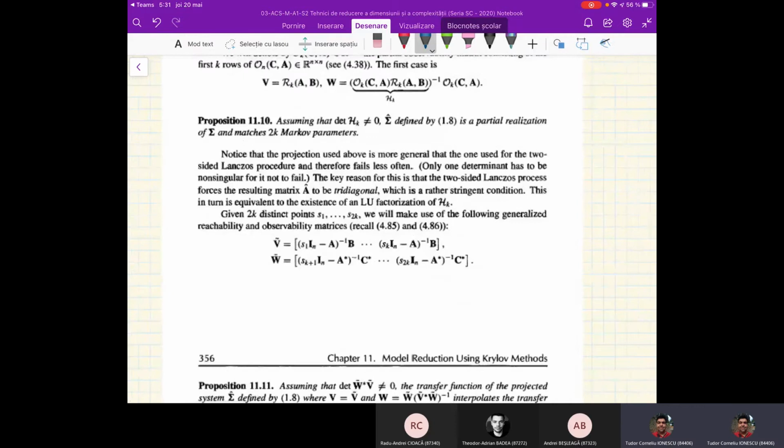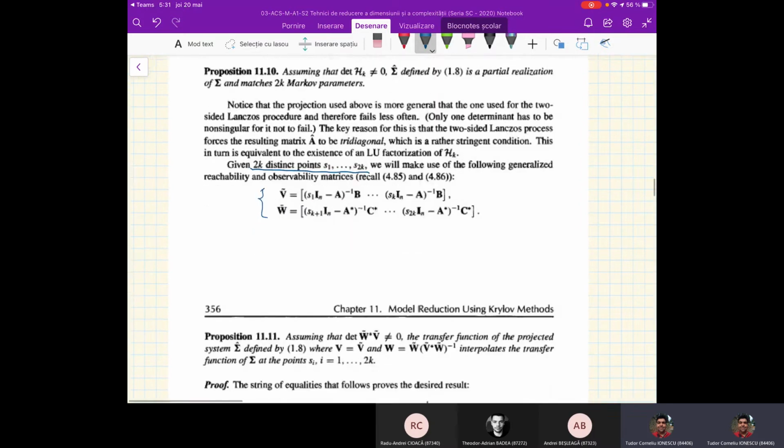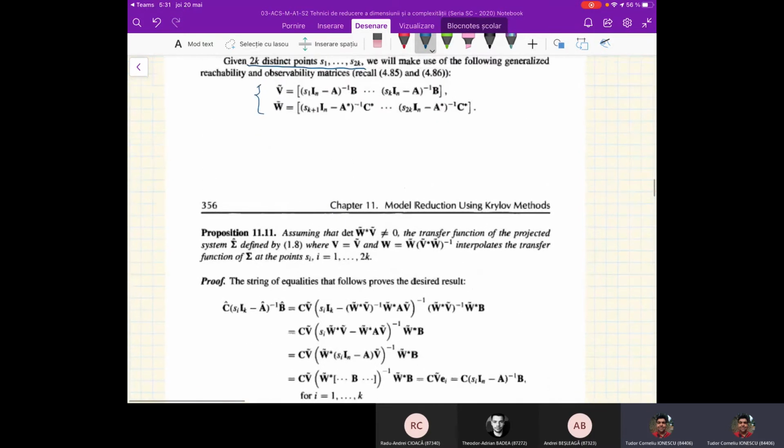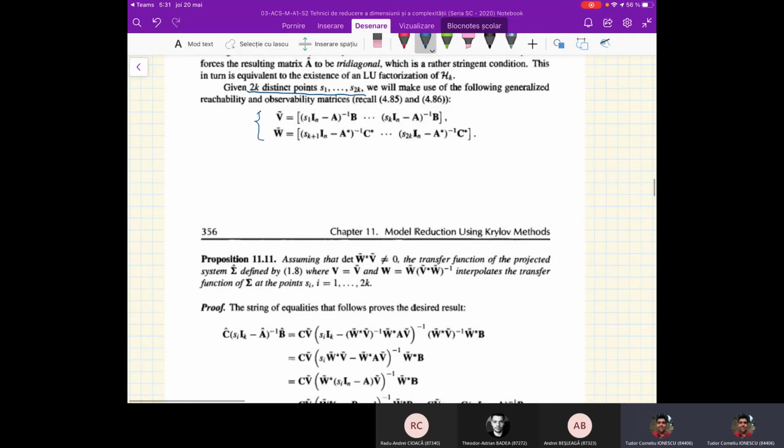So this is about the case about Markov parameters, but you can also have the general case. So this time you have 2K distinct points, S1 up to S2K. And you can get the following generalized matrices W tilde and V tilde. Now this time you have to assume W tilde transpose V tilde invertible.